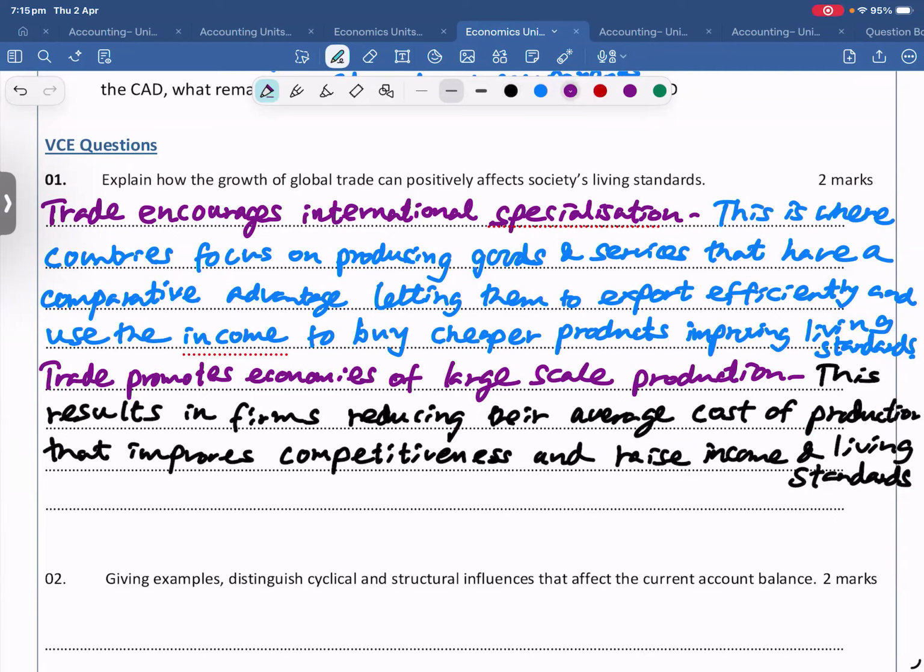The third one, trade helps lower the prices for consumers.